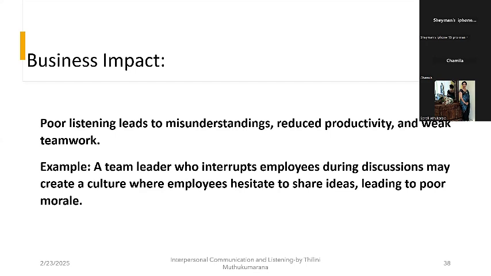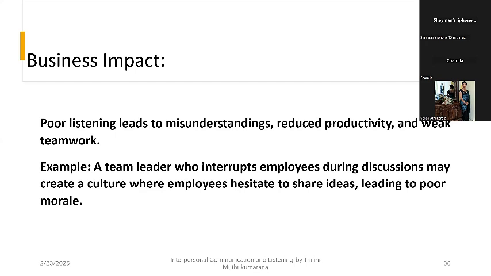And also there can be weak teamwork, right? For example, a team leader who interrupts employees during discussions may create a culture where employees hesitate to share ideas. It leads to poor morale also.